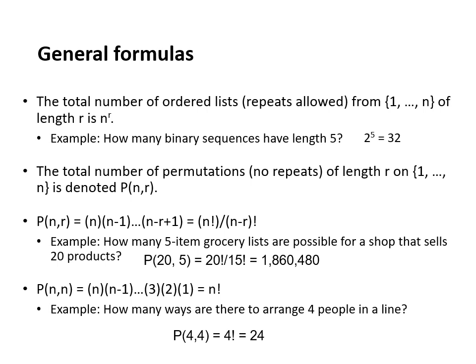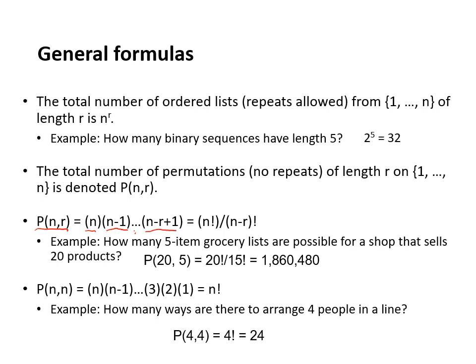The total number of permutations, which are sequences that don't have repetitions, of length r on the set of n elements, is denoted as P of n comma r, and we compute it like this. We use the rule of product: any of the n elements can go to the first place, n minus 1 elements can go to the second place because we used 1, and so on, all the way to n minus r plus 1 because the length is r.